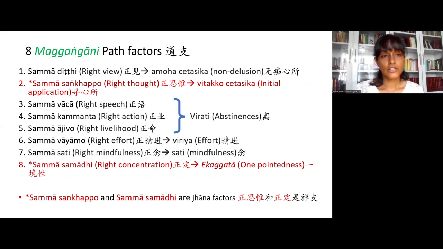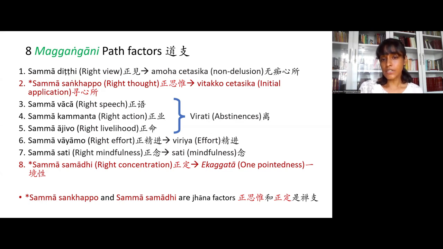Now, just to refresh your minds, let's look at the path factors again, the 8 Maggangani. We get Samma Ditthi, that is the Amoha Cetasika, or non-delusion. Samma Sankappa is Vitakka Cetasika. It is also a jhana factor, the first jhana factor. Samma Vacha, Samma Kammanta, and Samma Ajiva, these 3 are the 3 abstinences, or virati.